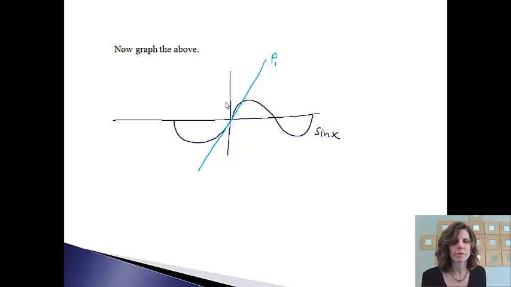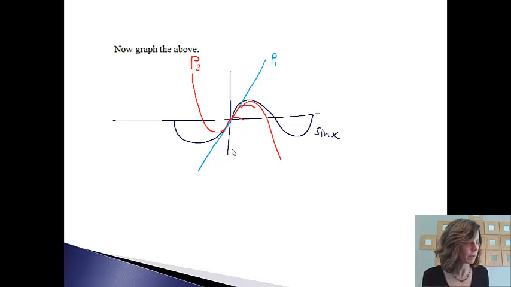Okay, now we're going to graph P3. And P3, if you type that into your calculator, x minus 1/6 x cubed, you are going to get something that looks like there, a little bit more. Okay, so notice we're starting to get the curve like the sine function is going. So that was P3, a third degree polynomial. Now let's try P5.